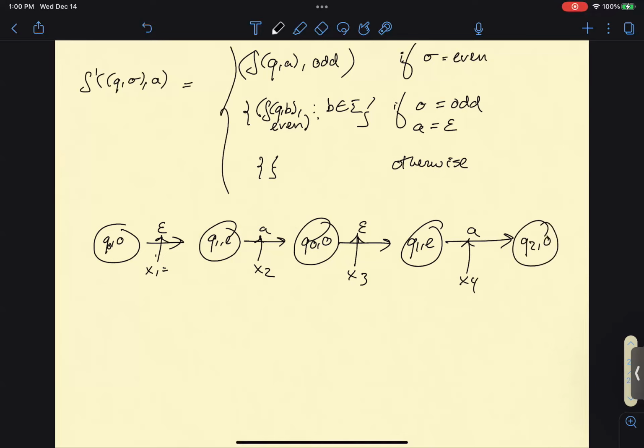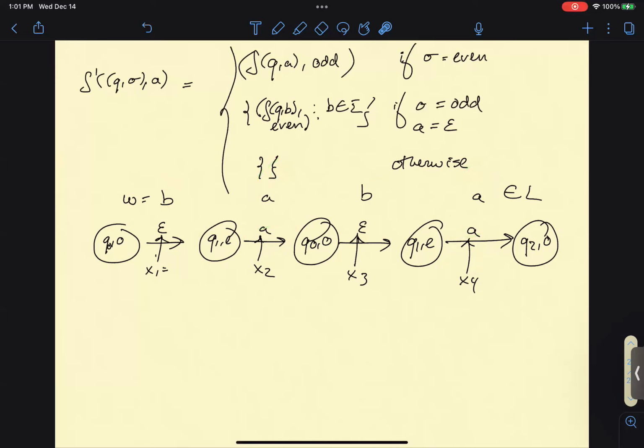What I want to show you is, now imagine that the original string was B, A, B, A. So imagine this was the original string in L. Now the string that I want to accept is A and then A, because this is X1, this is X2, this is X3, and this is X4. The only letters I want to keep are the even positions.